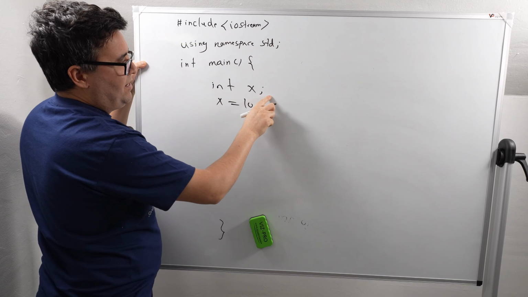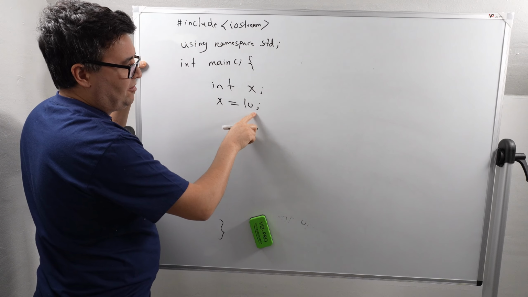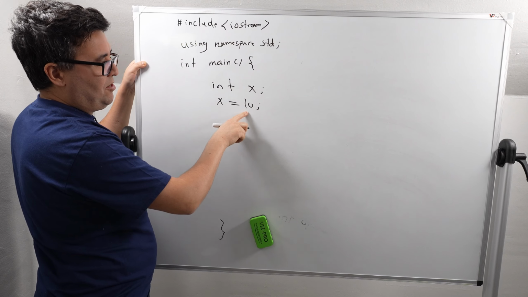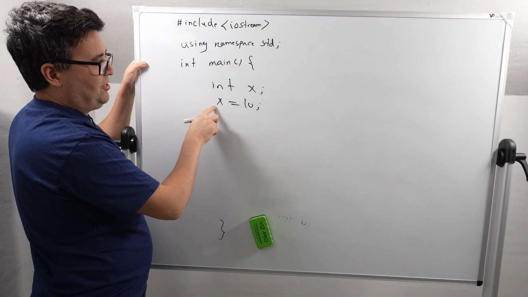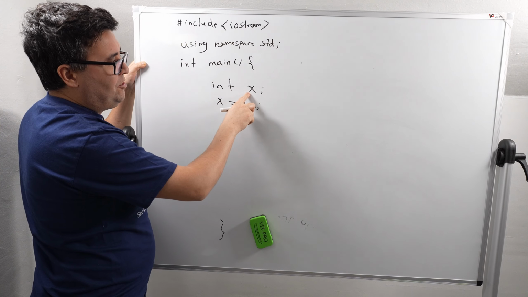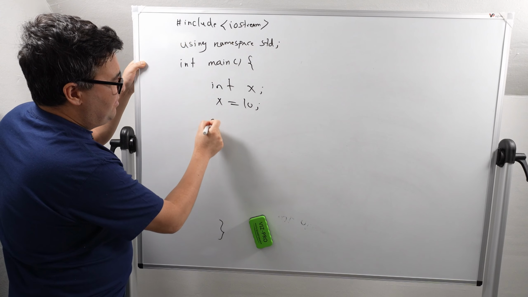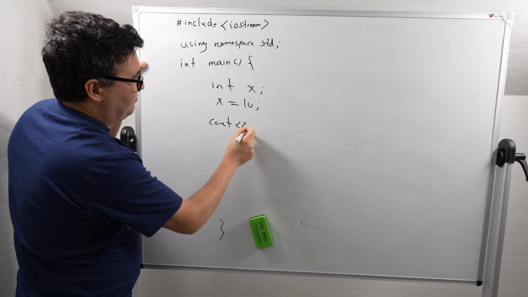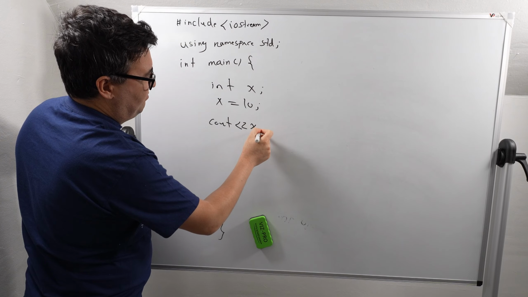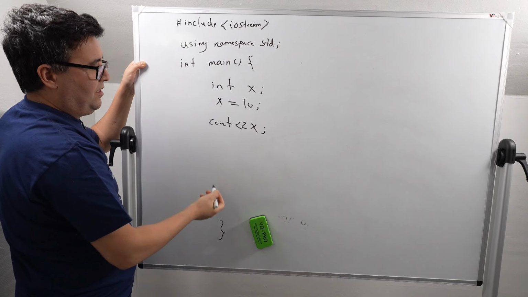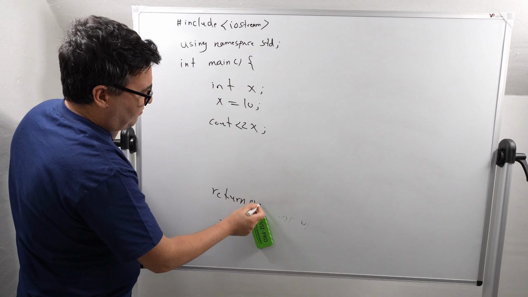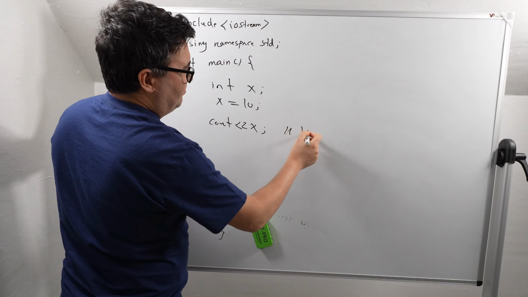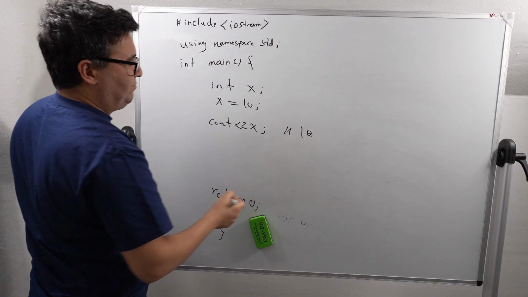The first line is called variable declaration, and the second line is called variable initialization, because we assign a value to this variable, which is 10, and in the first line we introduce the variable. Then we can cout x, and now the output will be 10.